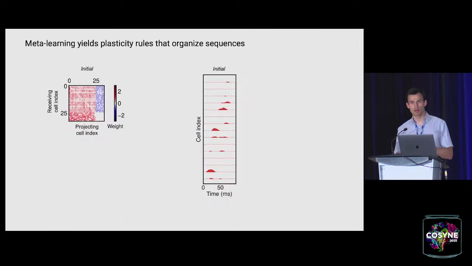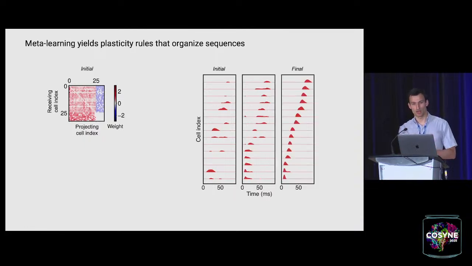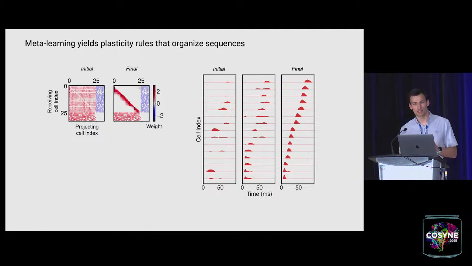Okay, so once meta-learning has converged, what we have is a synaptic update rule that can take a network with initially random connectivity and disorganized dynamics, and can shape it into a network that produces stereotyped sequential dynamics like we see in HVC. And when we sort neurons by their typical firing time, what we find in the connectivity matrix is that a sparse feed-forward structure emerges, as HVC is thought to be structured.